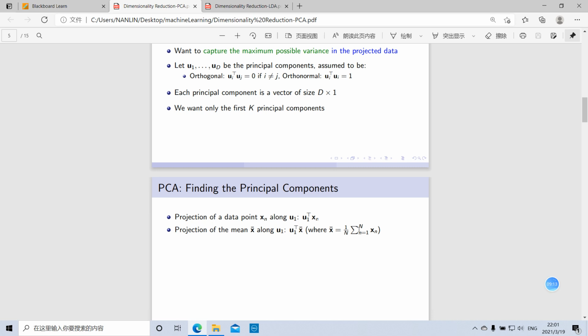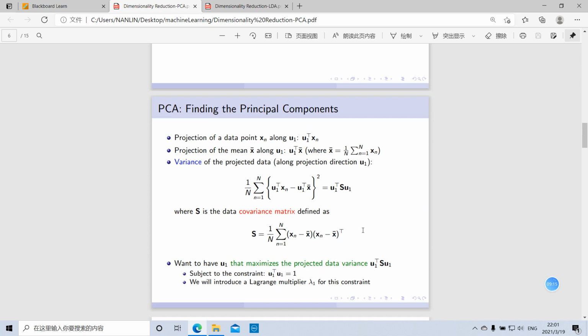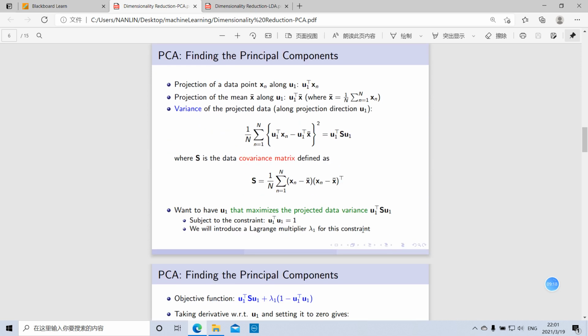We know how the mean can be calculated. The variance is of the projected data on the projection direction. This is an example of how the first principal component is calculated. We are going to use that variance formulation to do the calculation, and then we have a covariance matrix, which we can define as below.